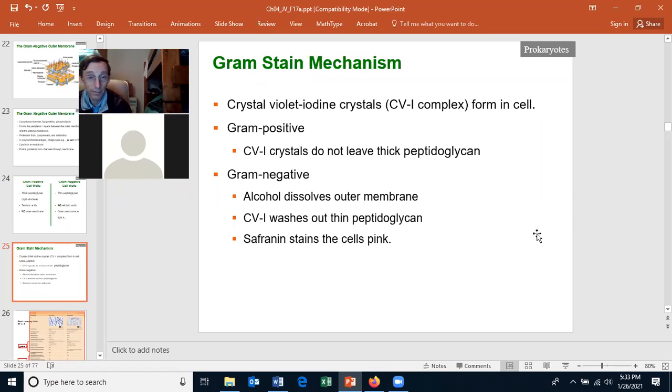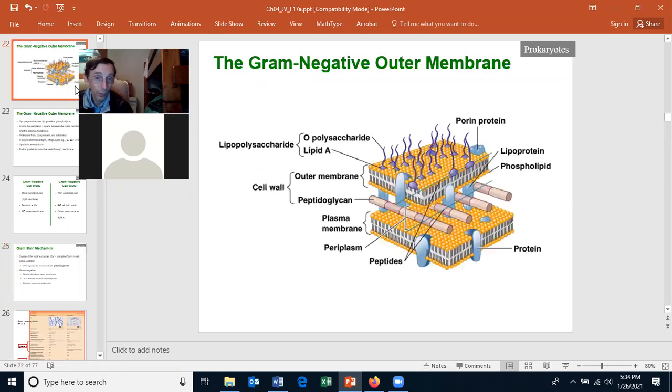In the gram-negative cell, the decolorizing agent, the alcohol in it, dissolves the outer membrane, because this is lipid soluble, and so it will be damaged by the alcohol. Actually, even the acetone will damage it.